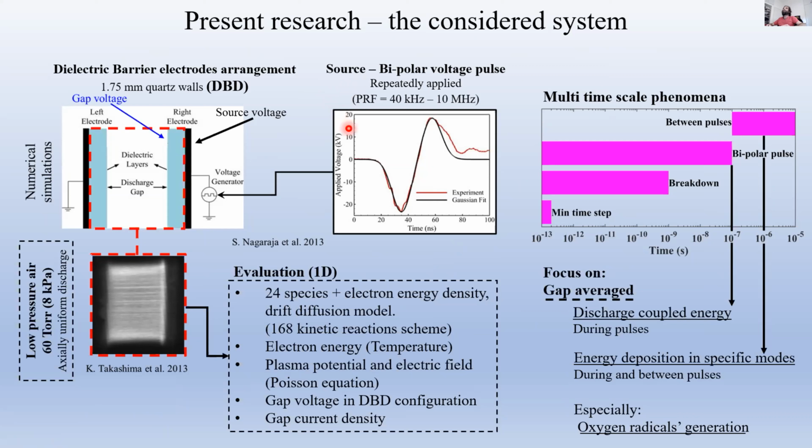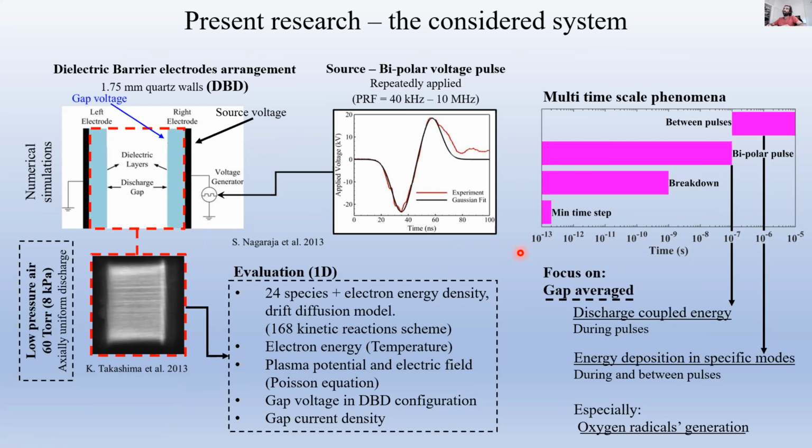We do that over a dielectric barrier electrode arrangement, as you can see here, which encloses low pressure air, about 8 kilopascals. That allows us to use a 1D drift diffusion model, which includes 24 species, electron energy density, a 168 kinetic reaction scheme, etc.